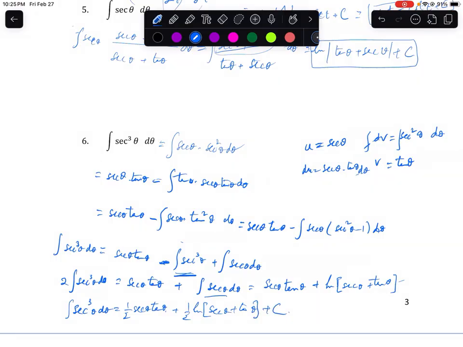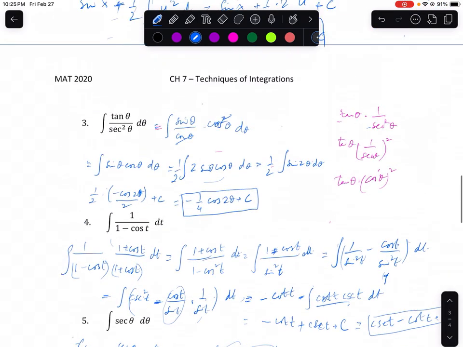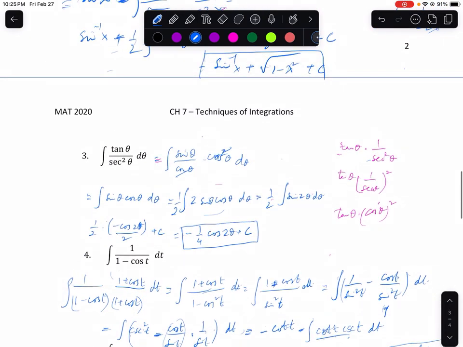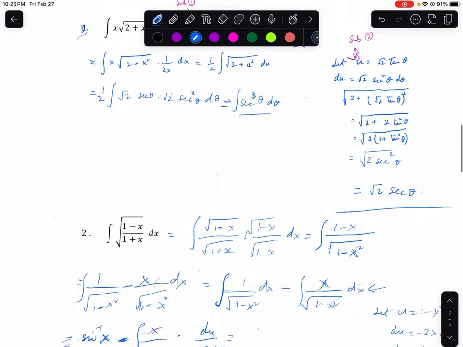So this is the entire integral of secant cube theta. So let's go back now. As I promised, we will come back to example 1 once we know that.